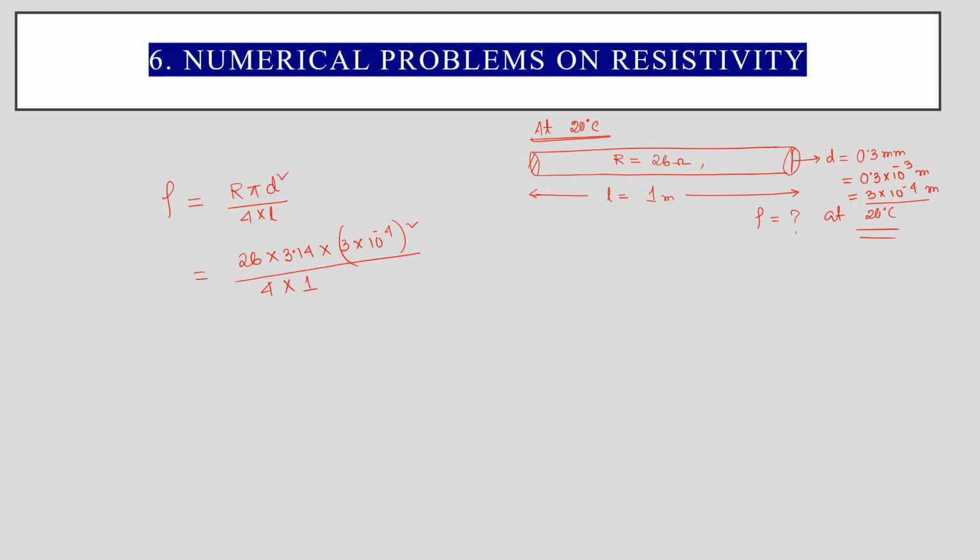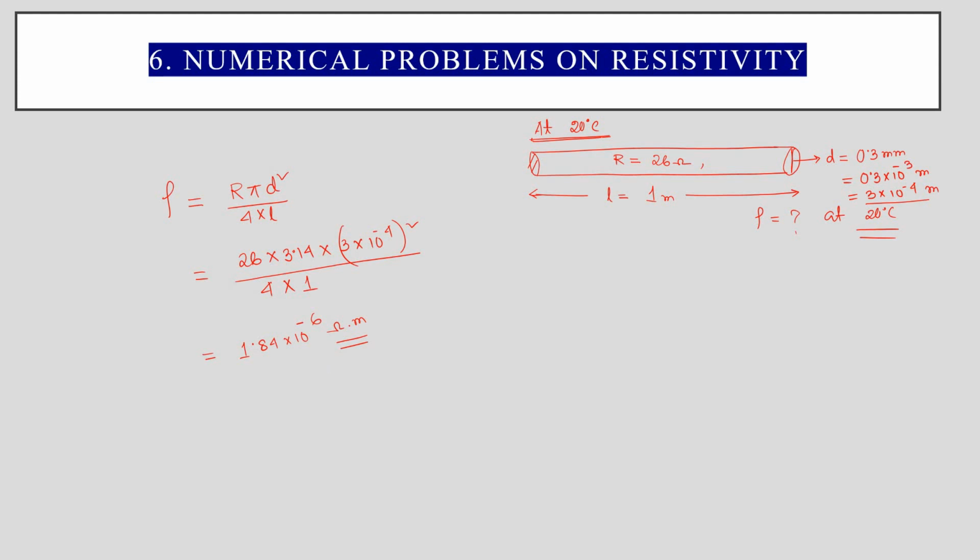Now you can calculate the value. After calculation we will get a suitable value, and the value is 1.84 into 10 to the power minus 6 ohm meter, which is the SI unit.